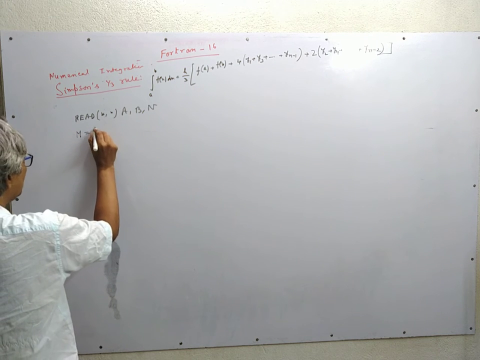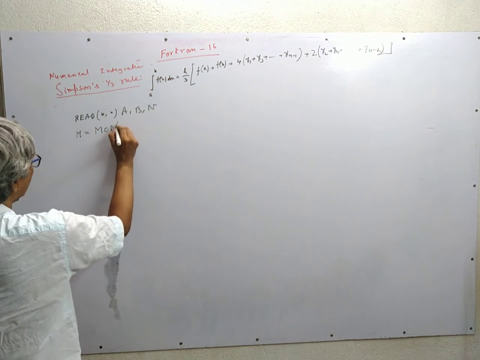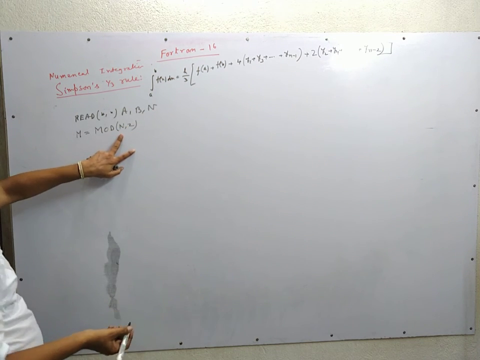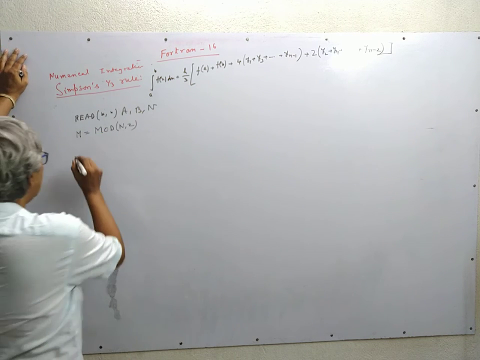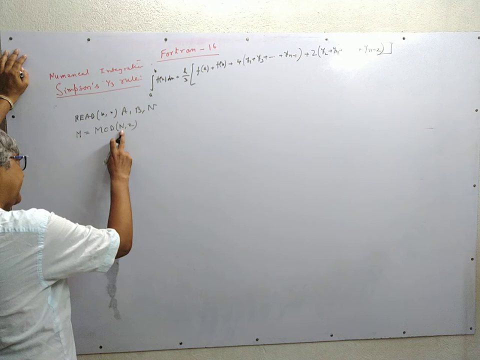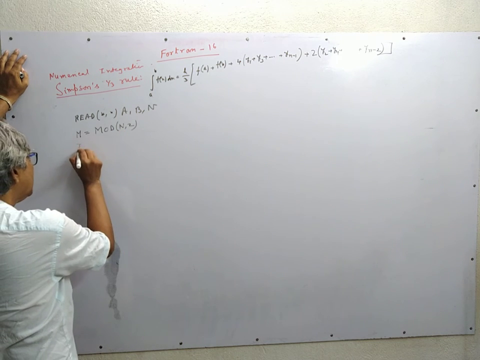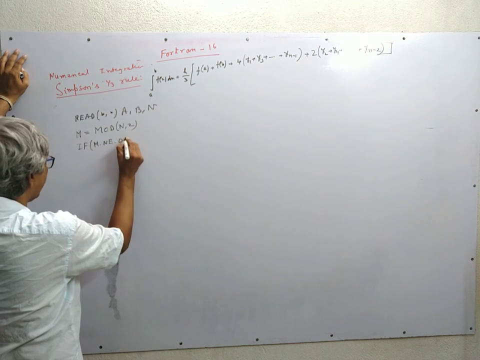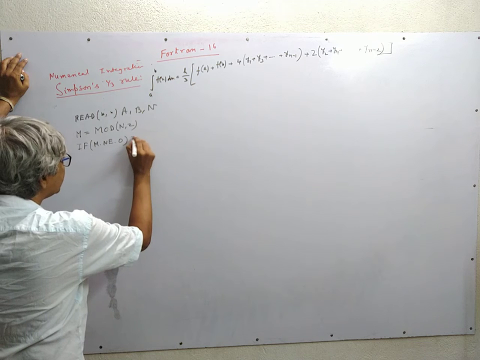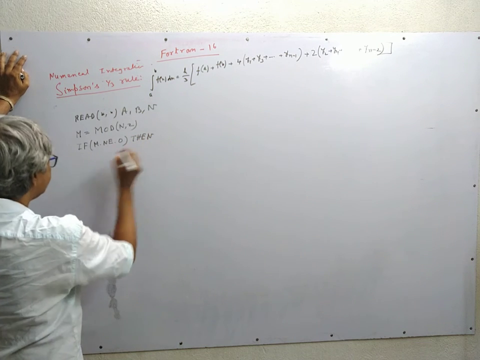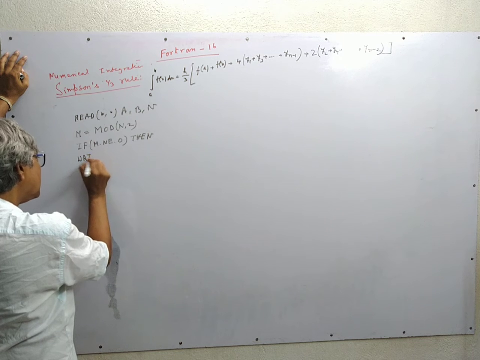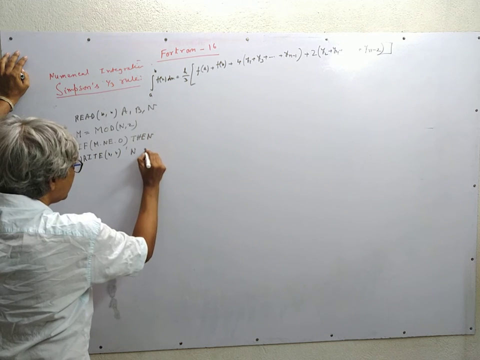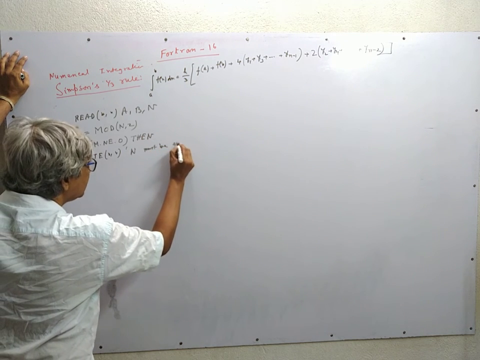M is equal to mod n. This gives you the remainder when n is divided by 2. If m is 1, then the number n is odd. So if m not equal to 0.0, then n must be even.